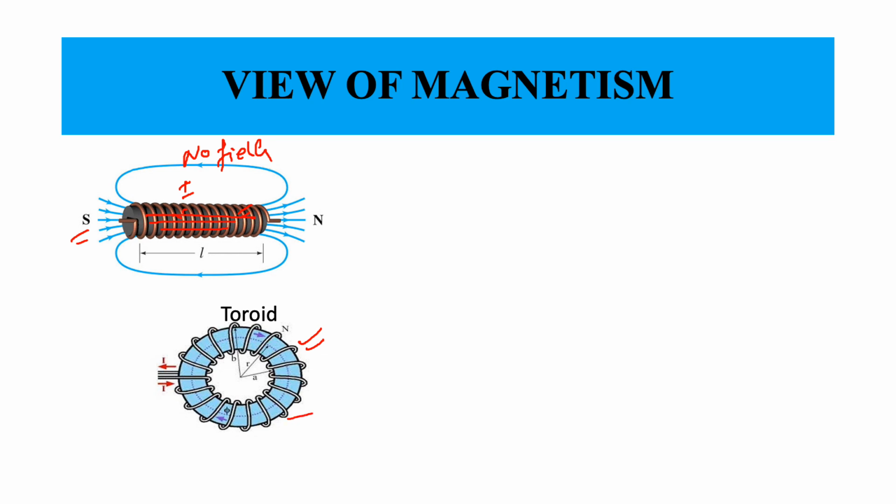So when you do that, the magnetic field turns out to be completely within the coil. There is no magnetic field outside the coil. So this toroid is especially useful for confining the magnetic field inside a given coil configuration.